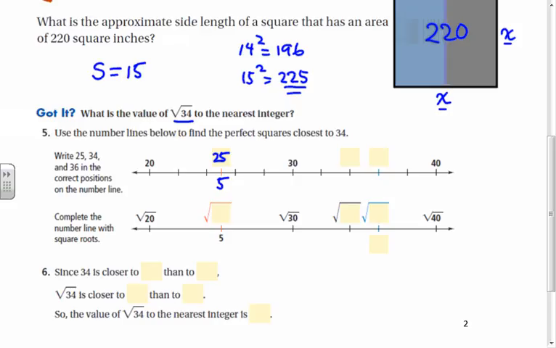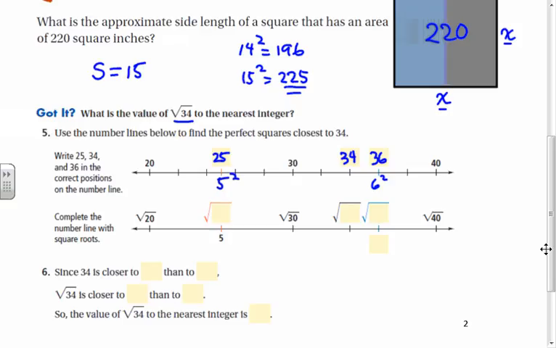So that's equal to 5 squared. And we know that 36 is a perfect square, and that number goes here. That's 6 squared. And we're looking for the integer that's closest to 34.